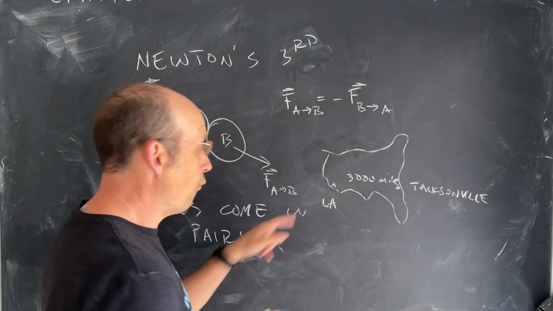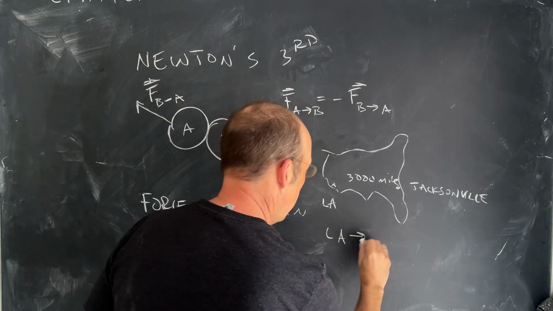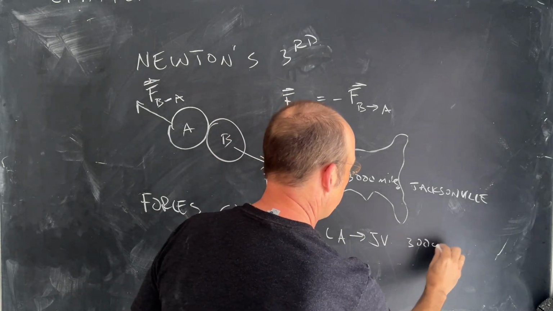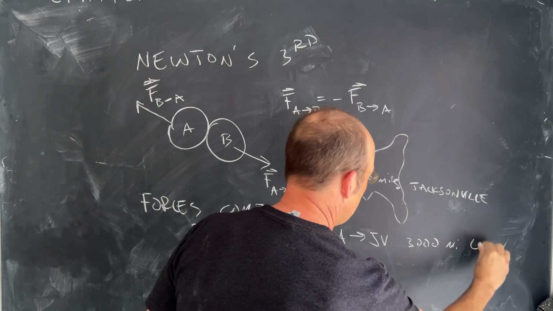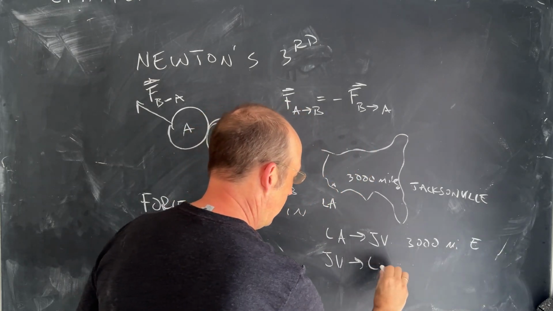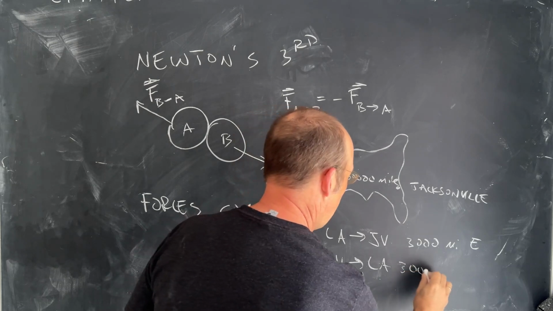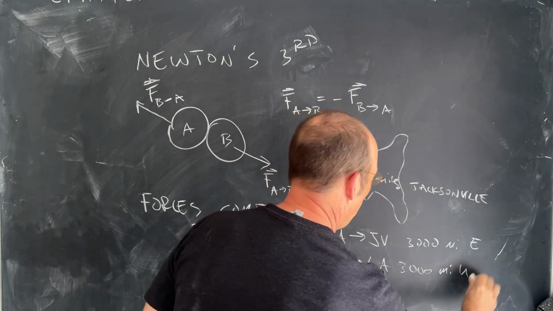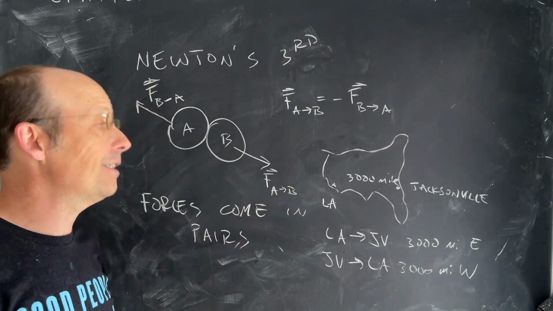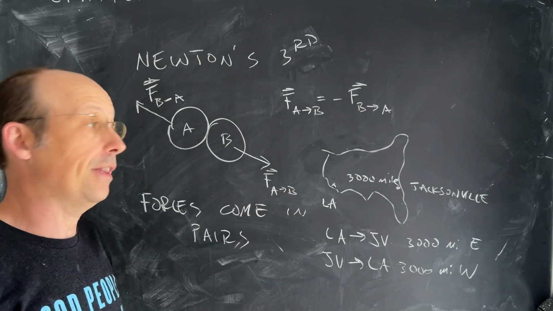So if I go from LA to Jacksonville, then that would be 3,000 miles east. If I go from Jacksonville to LA, that would be 3,000 miles west. And in fact, we can talk about the distance between Jacksonville and LA is 3,000 miles.